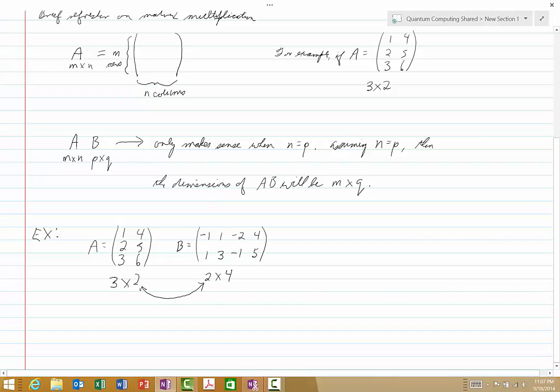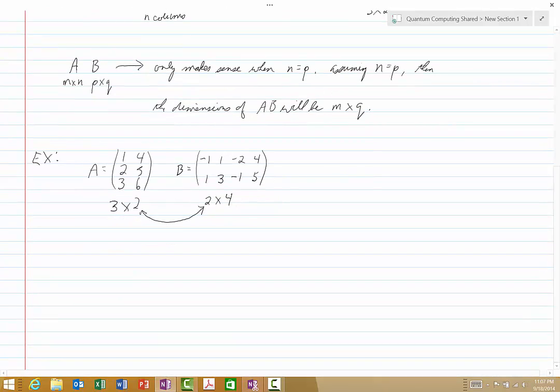The second dimension of A must be equal to the first dimension of B. And when we multiply these matrices together, this must be equal. And for this outer arrow, I'll say dimensions of the product matrix.